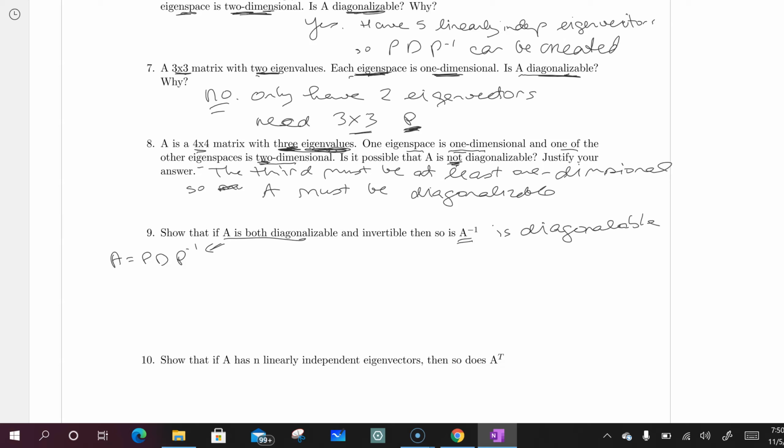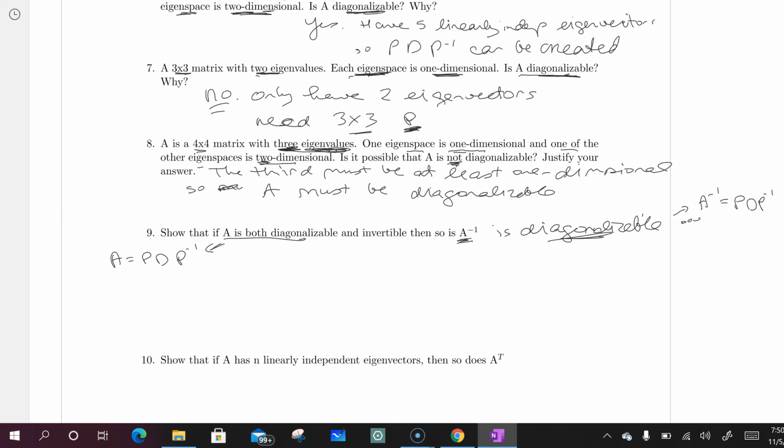I already know that A inverse is invertible, right? So I just need to show that A inverse is diagonalizable. So that means in some way I have to get to that, right?